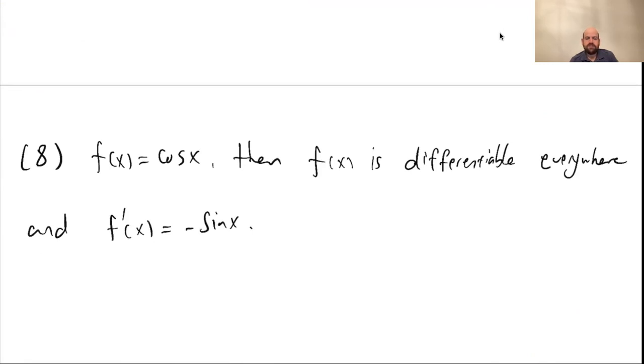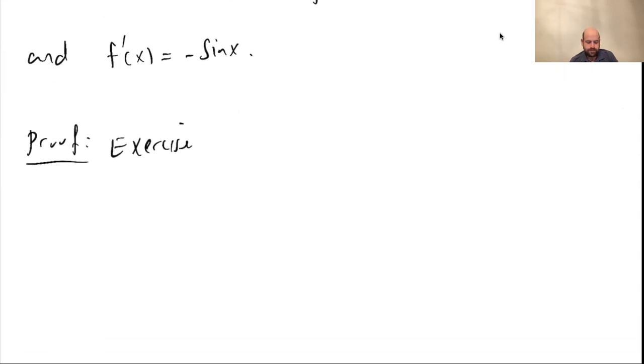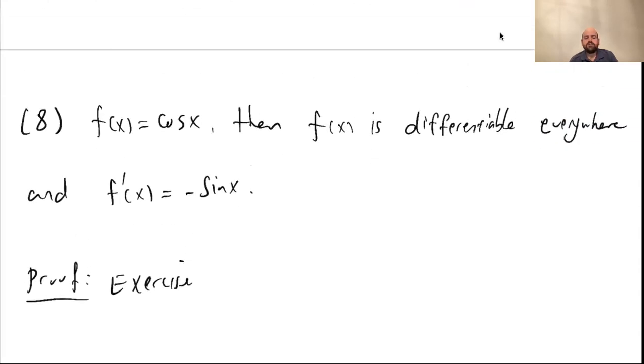Okay, so we said that derivative of sine x is cos x. Derivative of cos x is minus sine x. So this one for the proof, I can leave it as exercise. It's very similar to, we did the proof for sine x. This one is similar to that.